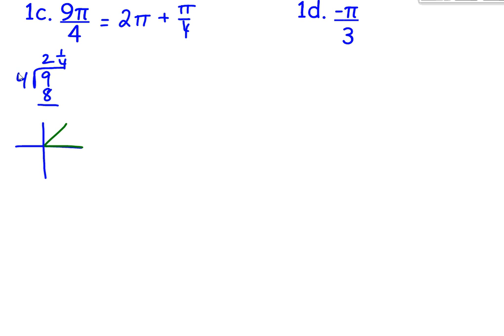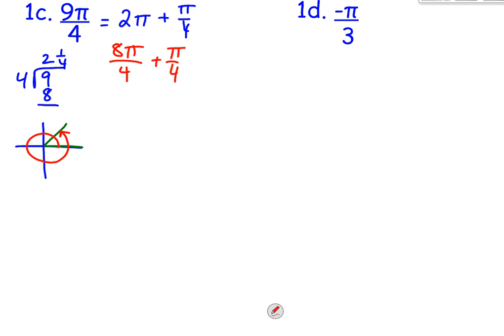What I've done is gone 8 pi over 4, which is the 2 pi, plus an extra pi over 4. So that's what gives me that 9 pi. I might even write that as 8 pi over 4 plus pi over 4. And that tells me that it is one spin and then a little bit more.